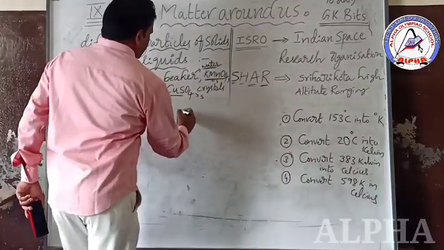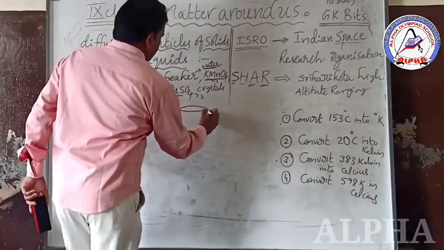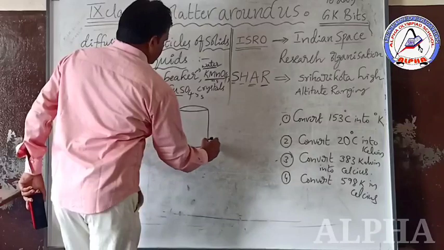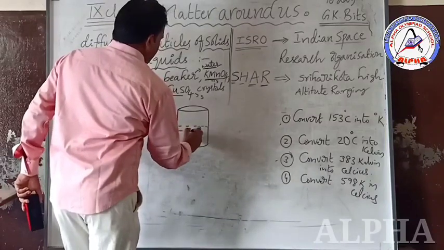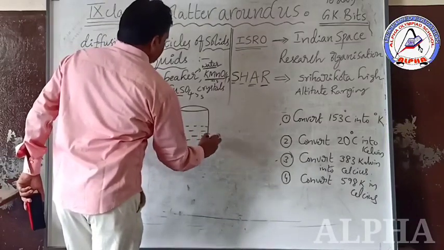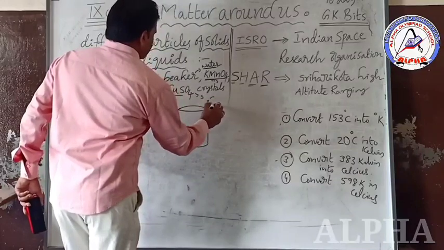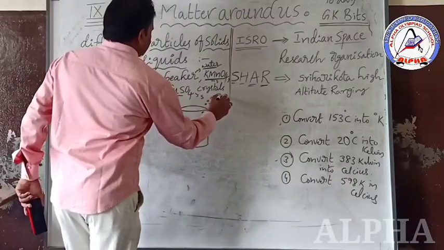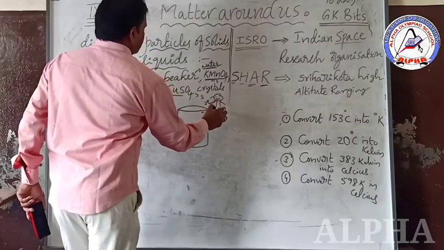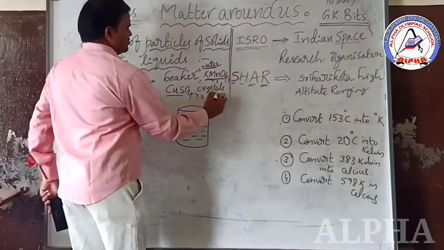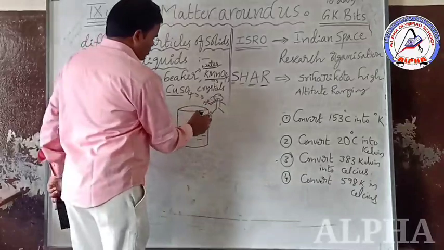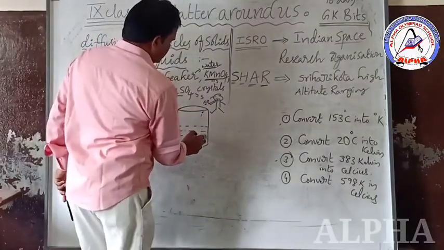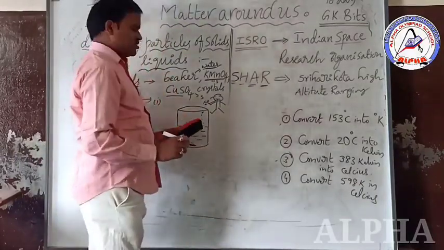So in that water, the potassium permanganate crystals are diffused. Initially the potassium permanganate crystals are there.